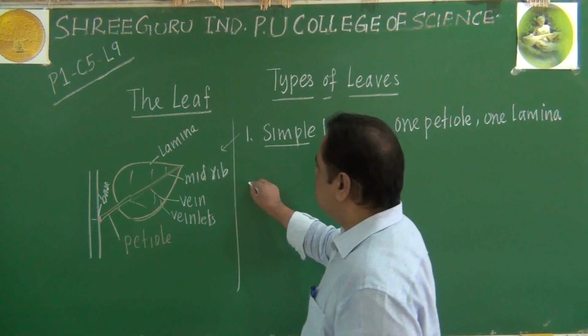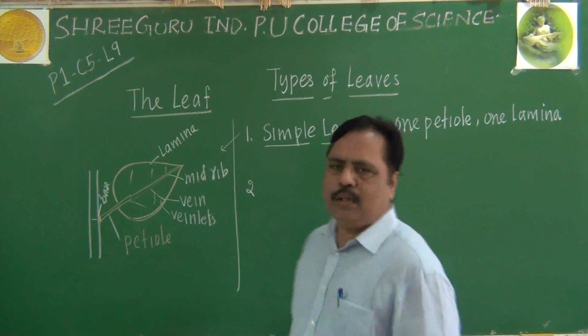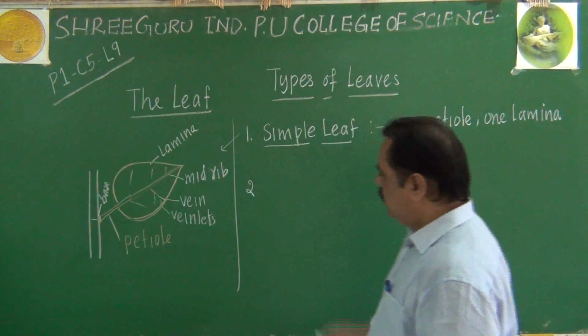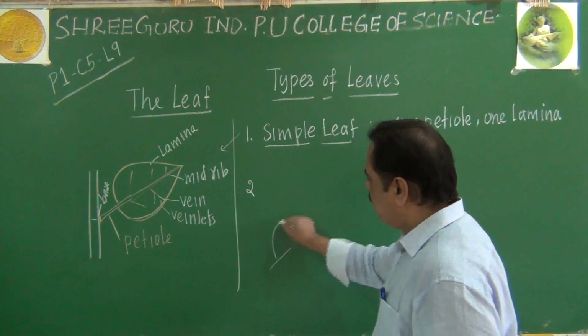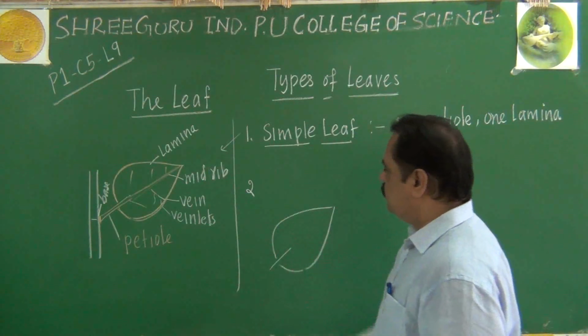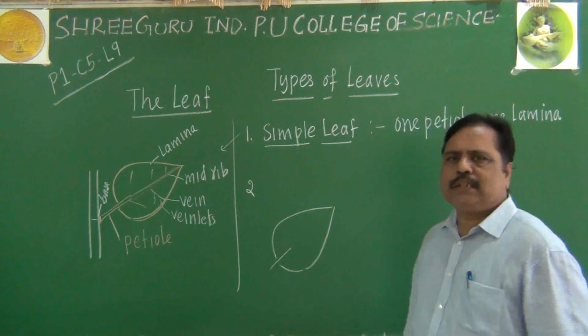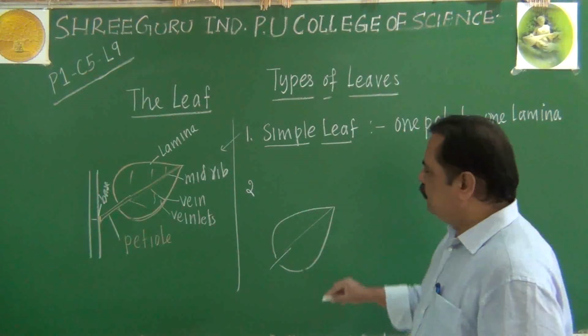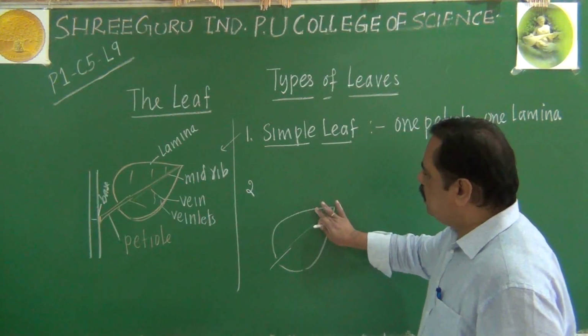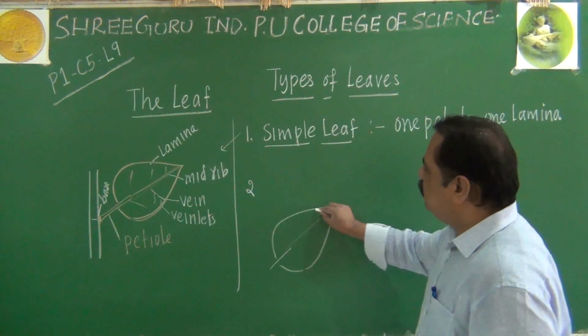In some cases, it is somewhat difficult to understand, so try to listen and imagine this point. There is one leaf having a lamina like this. In some cases, the lamina of the leaf is cut into different parts.